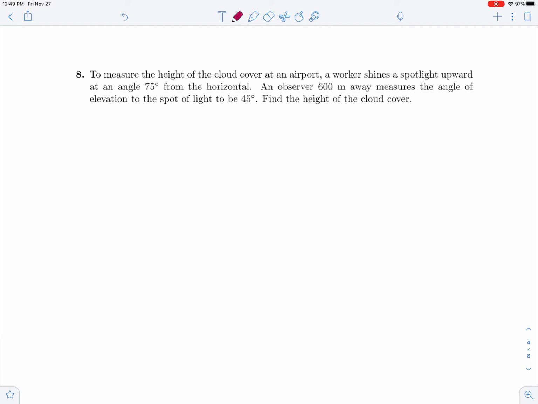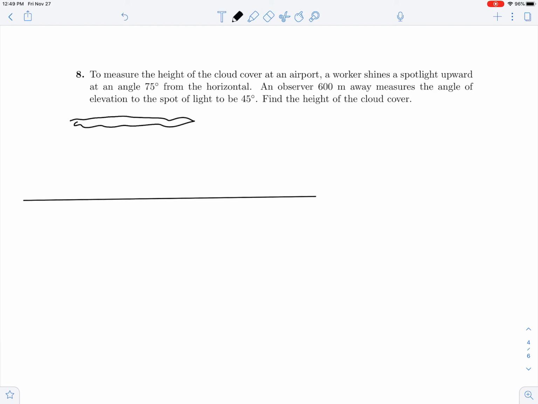Okay, number 8. I do want to go over at least the setup for this one. The algebra is going to take a minute, but you guys can all do it. To measure the height of cloud cover in an airport, a worker shines a spotlight upward at an angle of 75 degrees from the horizontal. So here's the clouds.